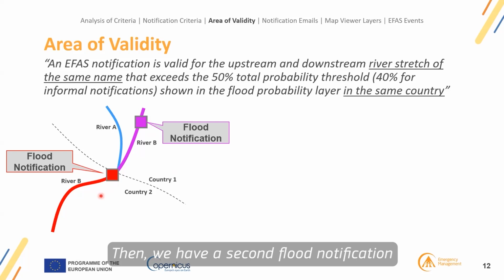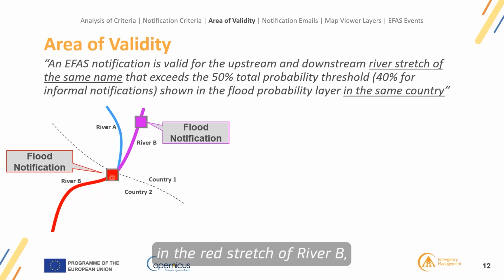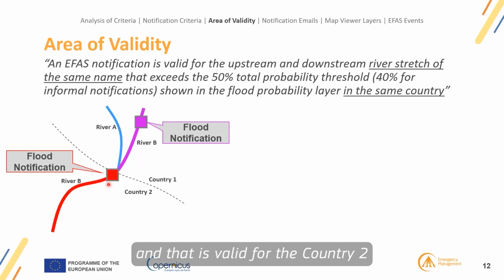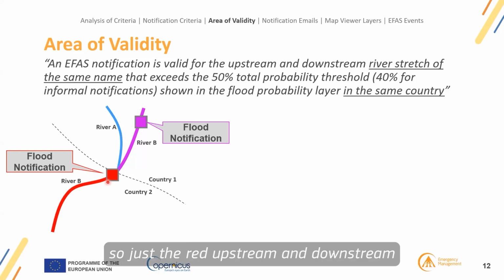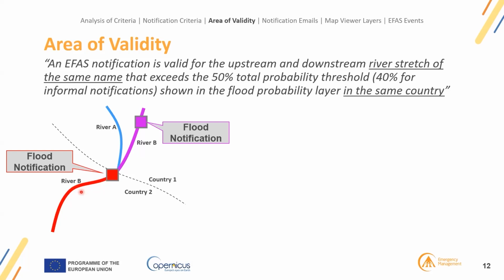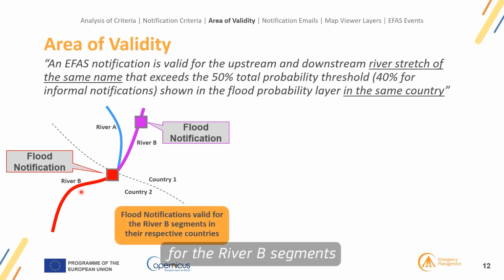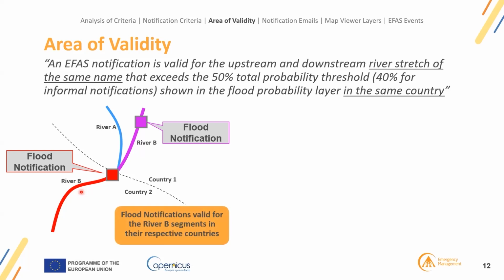Then we have a second flood notification in the red stretch of River B, and that is valid for the country two segment of River B. So just the red upstream and downstream of that flood notification and reporting point. The flood notifications are valid for the River B segments in their respective countries.